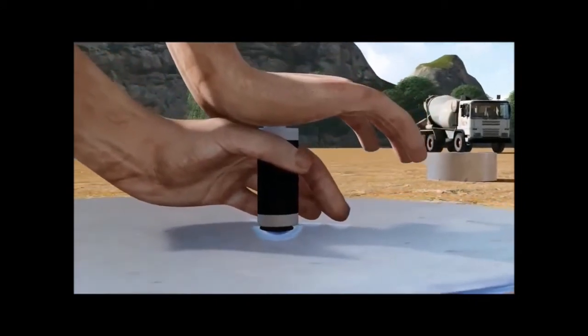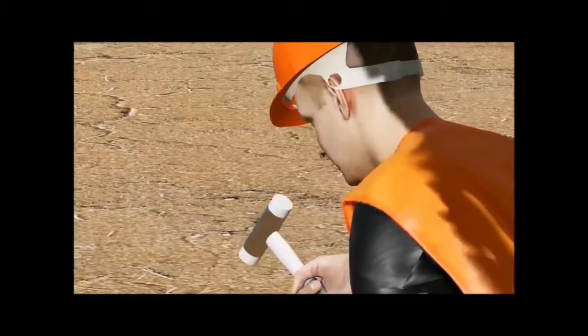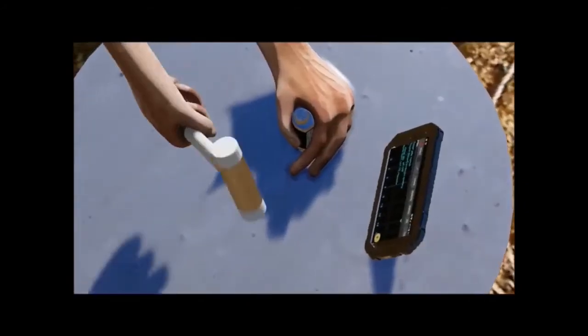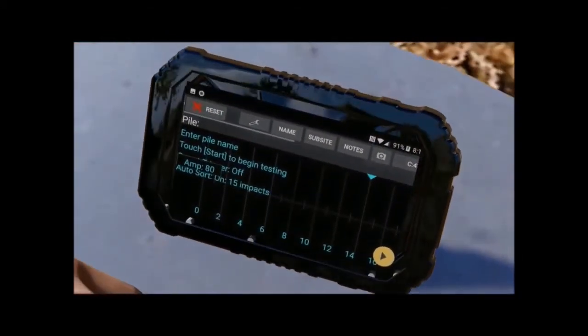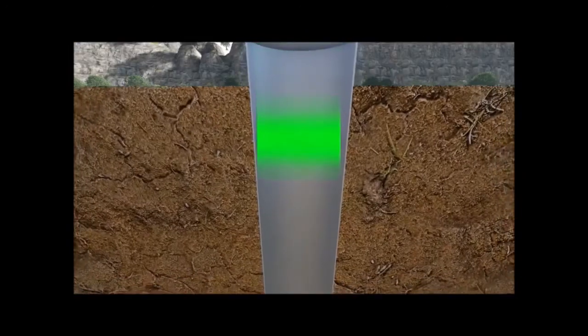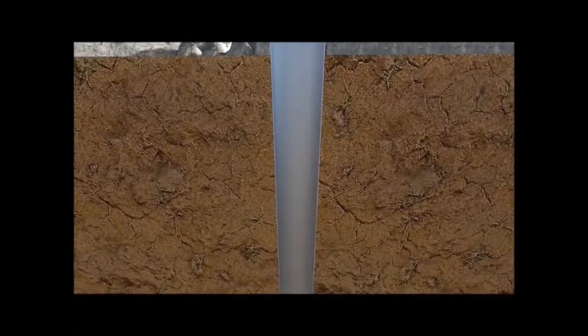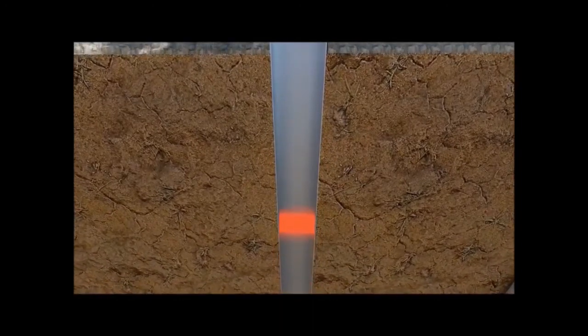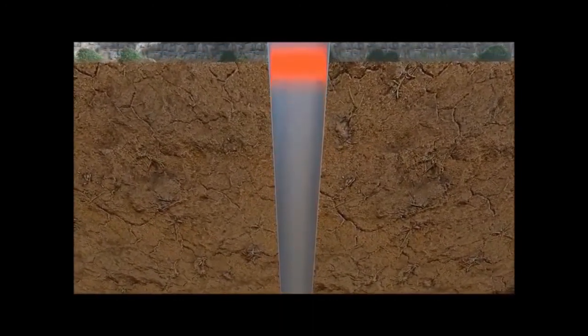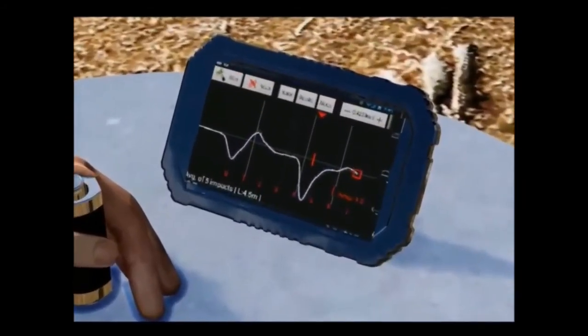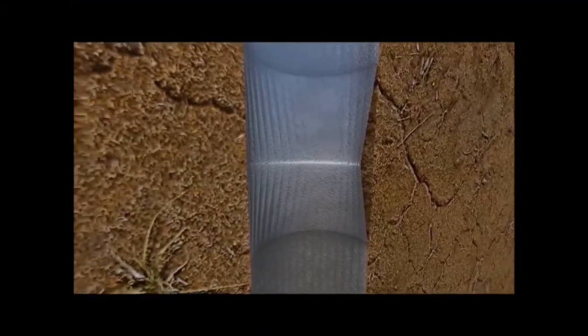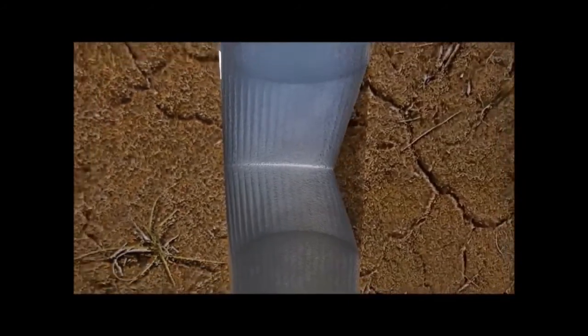The PET is pressed against the pile top. The top is lightly hit with the hammer. A compressive wave travels down the pile and is reflected back from the toe. The blow is recorded on the screen. Good pile. The next pile has a defect that reflects the wave.